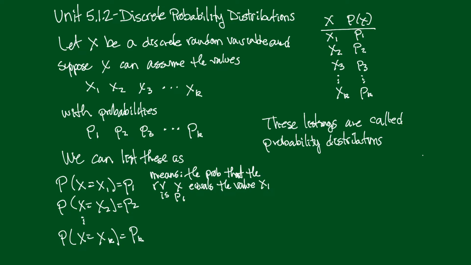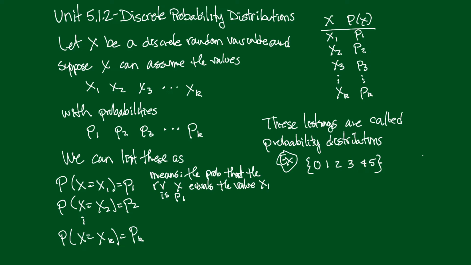Now, in that first example, X could be one of these values: 0, 1, 2, 3, 4, 5. How many people in your sample of 5 could say, yes, I flossed my teeth with my hair? Well, X could be any one of those values.